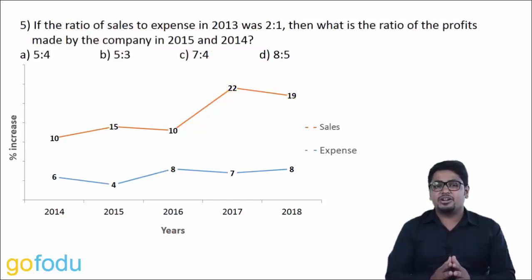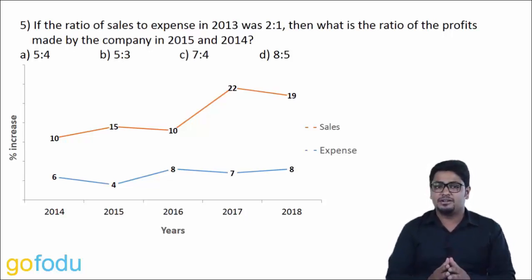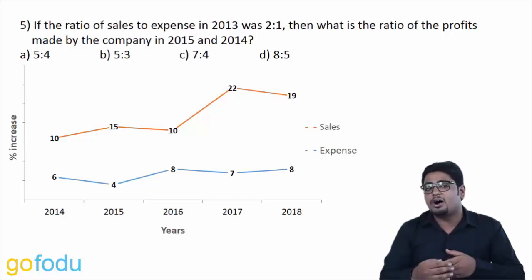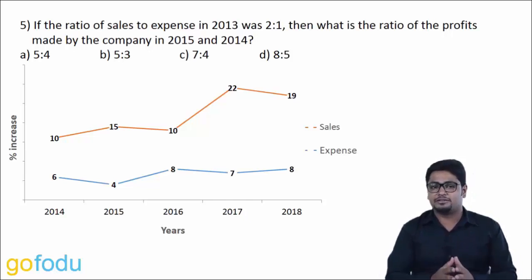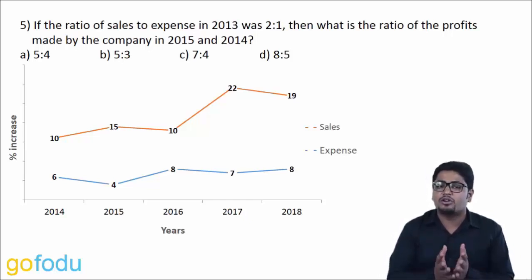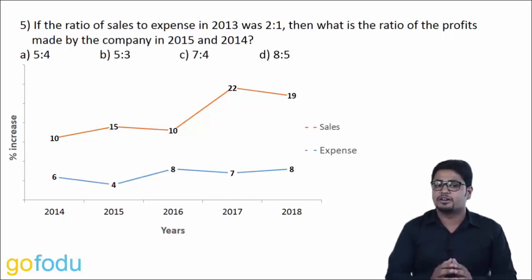In this question, the ratio of sales to expense in 2013 is given to us as 2:1. Then they are asking us to find out the ratio of the profits in 2015 and 14. The best method to solve these kinds of questions involving ratios is to assume the values for which the ratio is given.